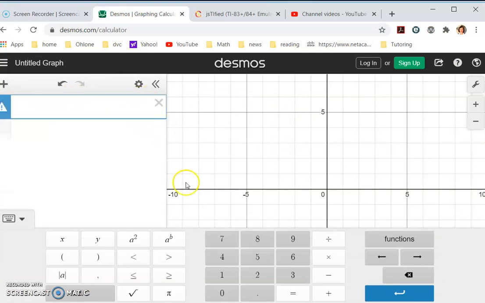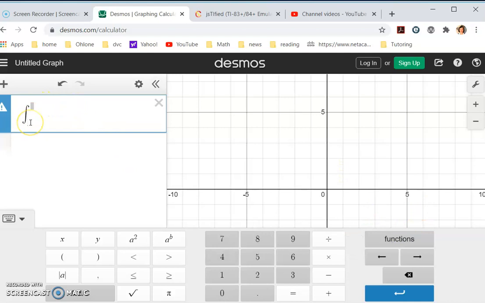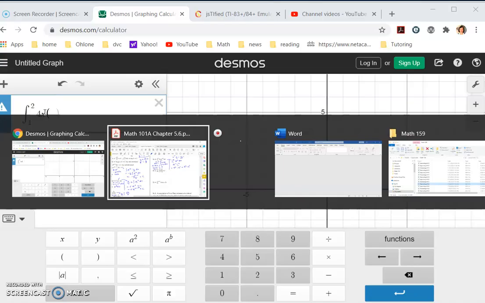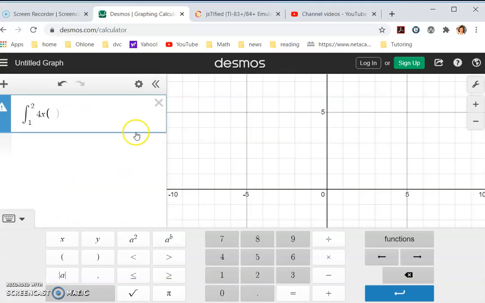What was it, from 1 to 2? Is it 2x or 4x? 4x. I forgot. 4x e to the x squared dx. So they can give you a number, but you would not know, right?